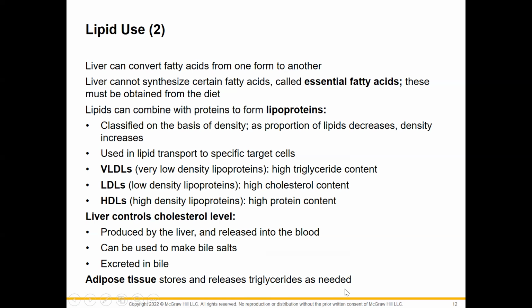So the more carbohydrates you eat, the more those carbohydrates are converted into triglycerides and stored in the adipose tissue for later. Once you use up all your glucose and your glycogen, your body can then tap into the triglycerides in those adipose tissues in order to break them down and use them as energy sources.